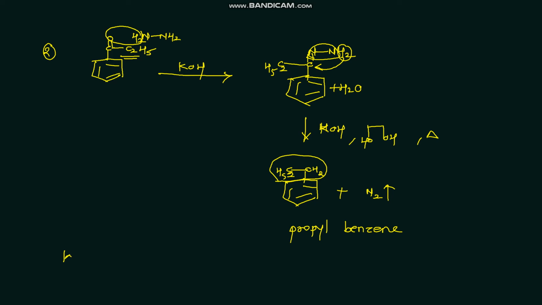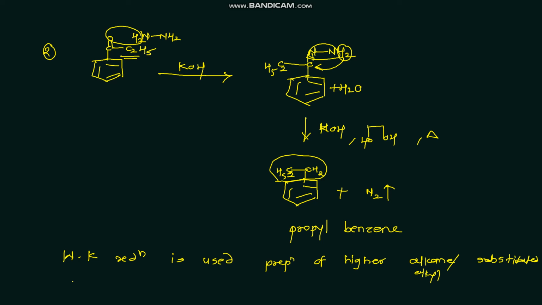The Wolff-Kishner reduction is used for preparation of higher alkyl substituted benzene.